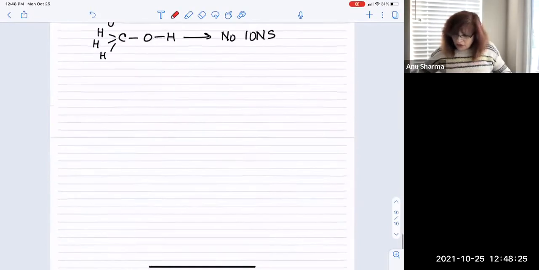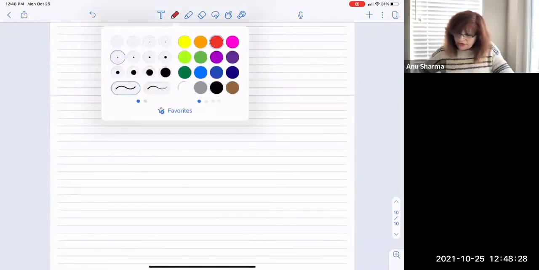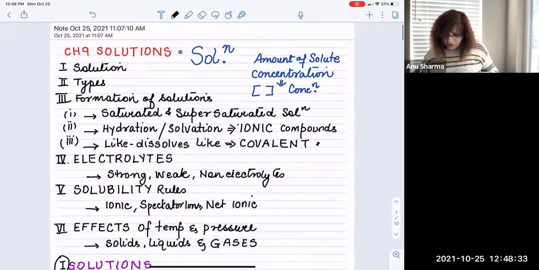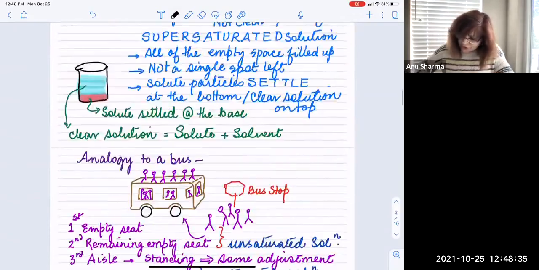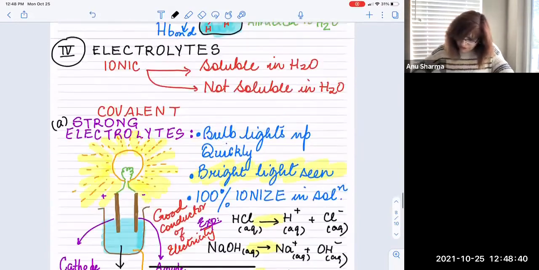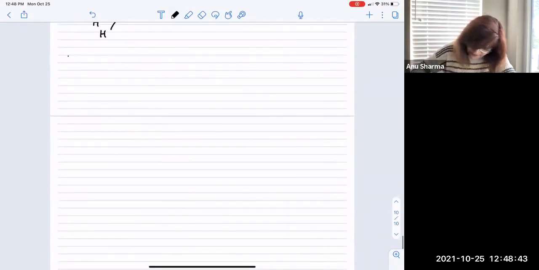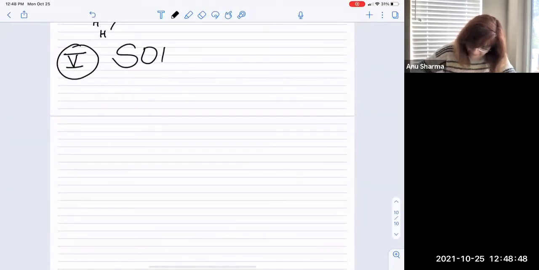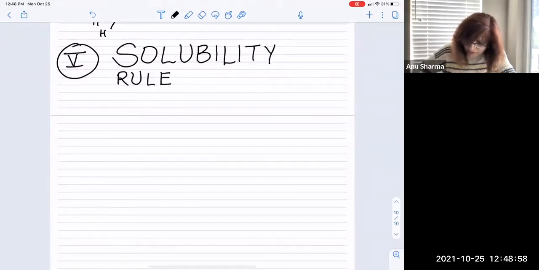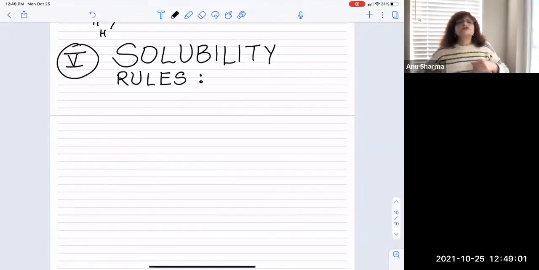Okay. All right. Now we are going to look at the second last part, which is the solubility. So solubility rules. And then with that, we're going to look at the ionic, net ionic, and so on.